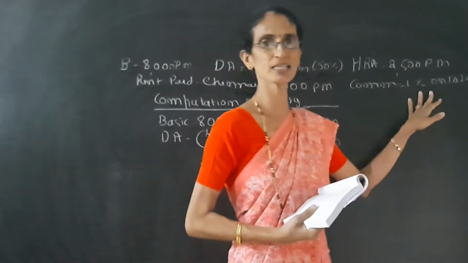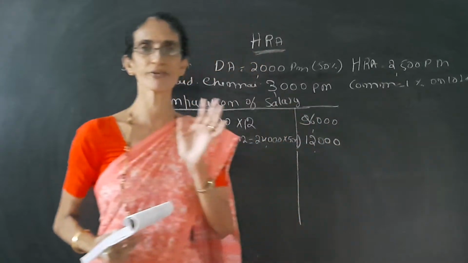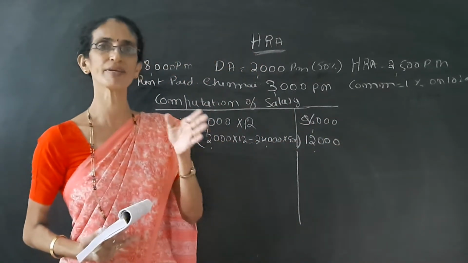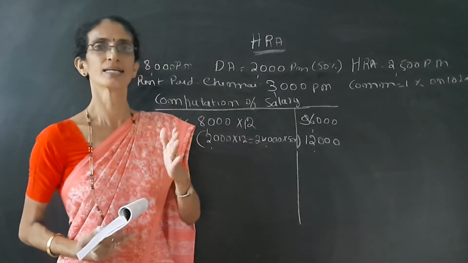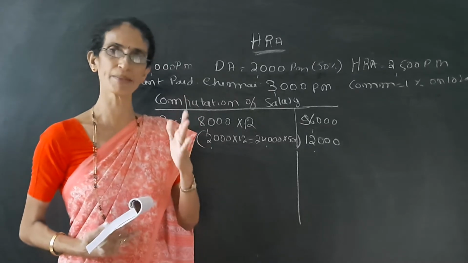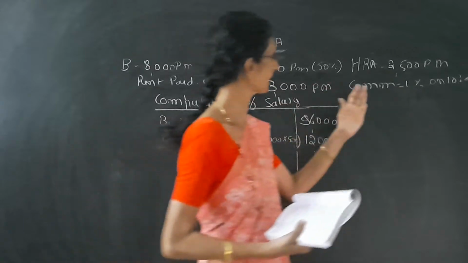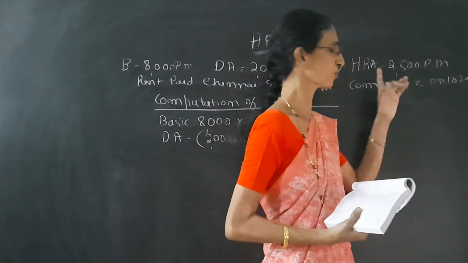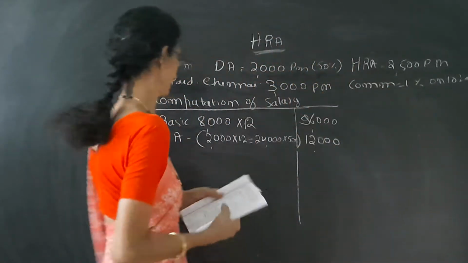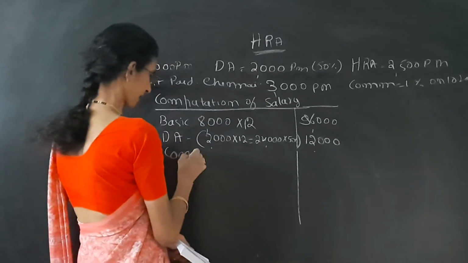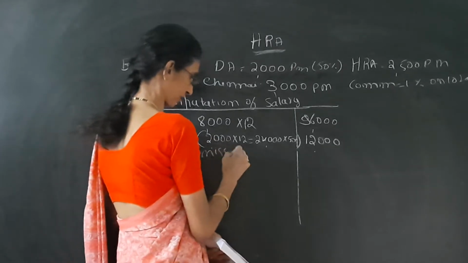Here percentage of commission is given. So in case of HRA, salary means basic, DA enters into retirement benefit, and percentage of commission. Here it is clearly given commission is 1% on 10 lakh. So here we have to add commission also for salary calculation.